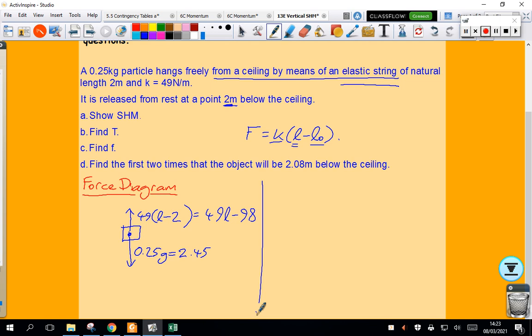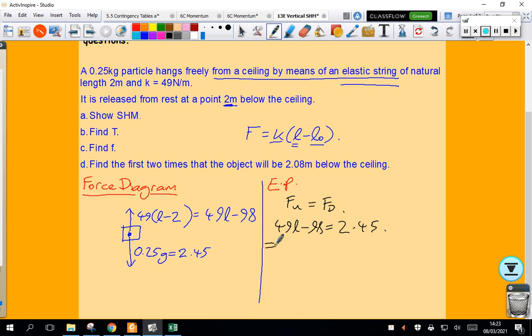The first thing I'm going to find with questions of this type is always going to be the equilibrium position. And in the equilibrium position, you're going to find that the force up is equal to the force down. The magnitude of the force up is equal to the magnitude of the force down. That's what the definition is. So 49 times whatever the length is minus 98 is going to equal the force down, 2.45.